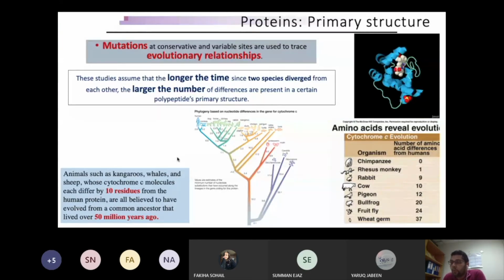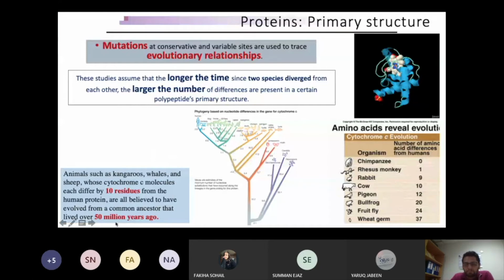Do you know what recent means? In this case, roughly maybe 50 million years ago. Does it seem to be a very recent time? It's a very recent time compared to the evolutionary history, which extends for millions of years, for billions of years.